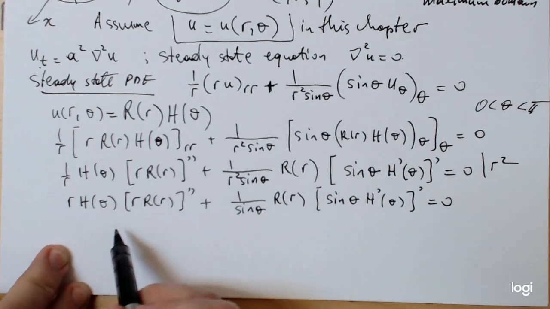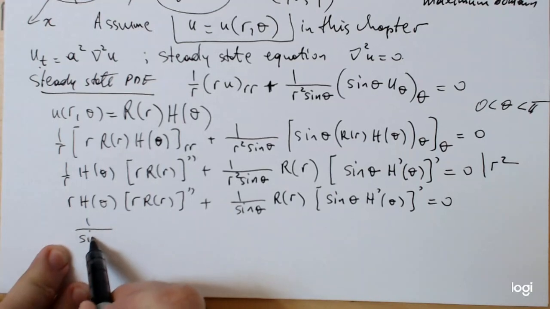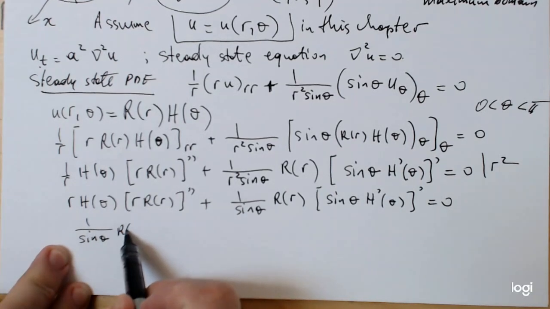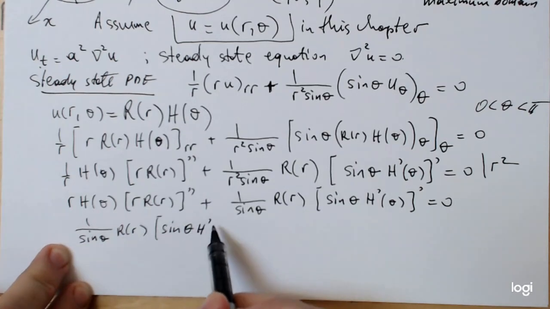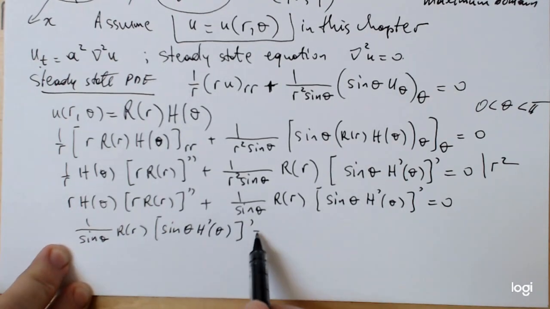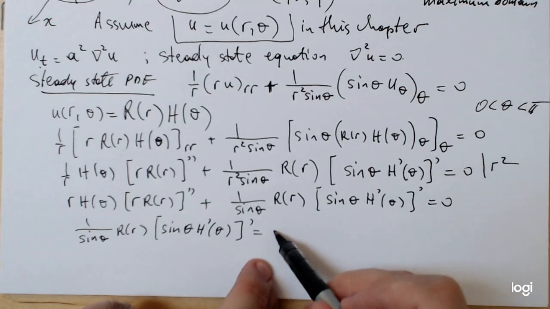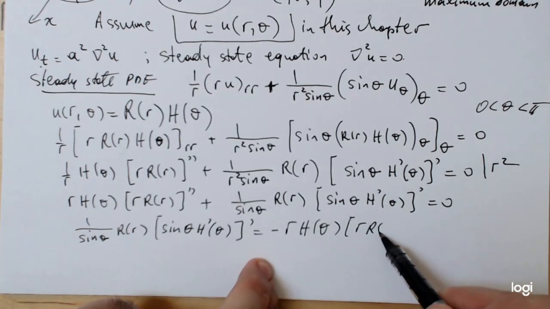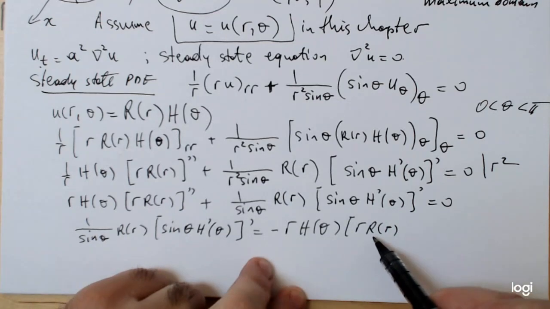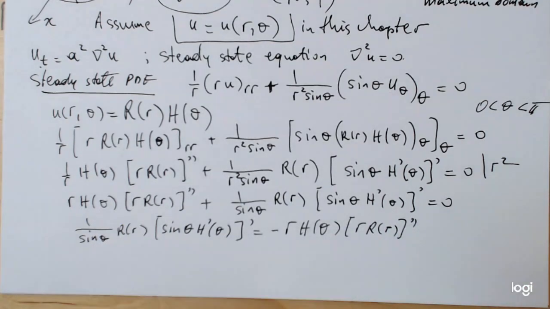So we're gonna have 1 over sine of theta, big R, equals minus r h of theta, little r times big R twice prime.